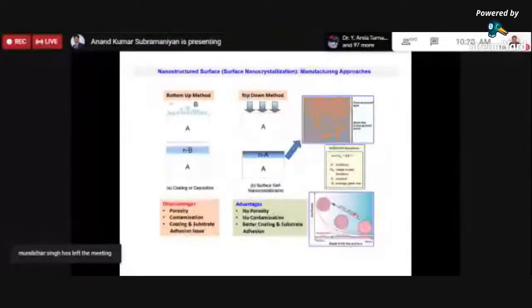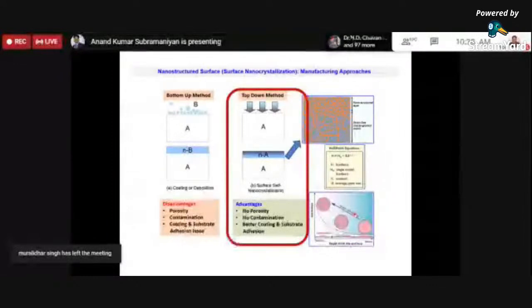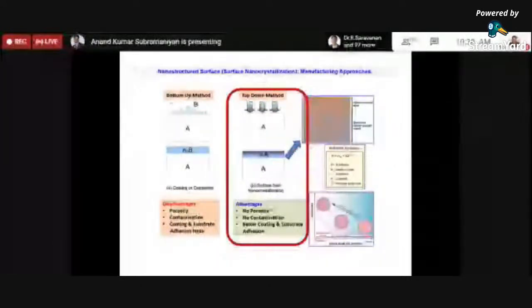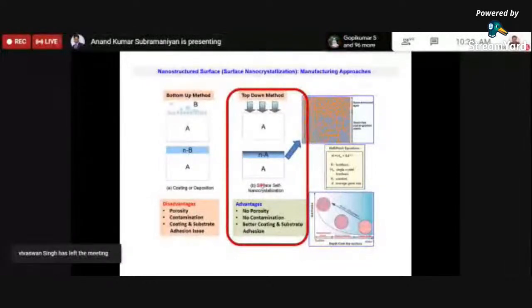So now, the rest of the slides, or the topic of this talk, will cover these top-down methods: what techniques are available, how they can be characterized, what the changes in material property and microstructure are, and also, from the application point of view, wear and fatigue will be dealt with in detail as we go along, right?